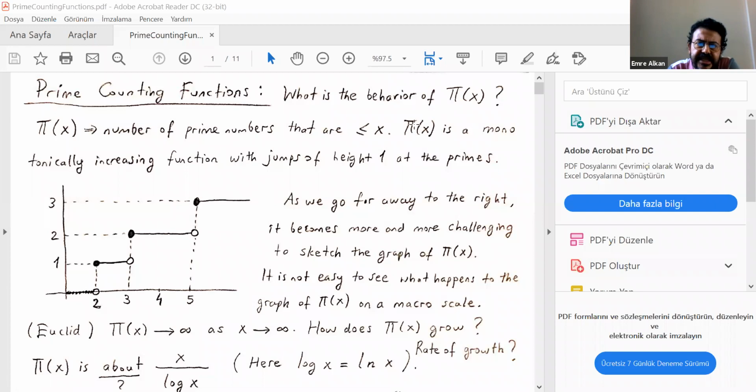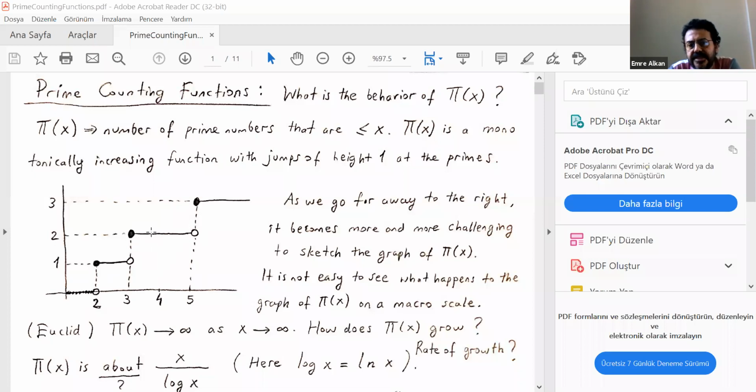Of course, whenever we see a function, we tend to graph it. That's what we are trained in calculus. So I made a toy graph here, which everybody could do, just to give us the flavor of what's going on. Of course we start at 0, and then 2 is prime, so we jump to 1 and you can see the jumps.